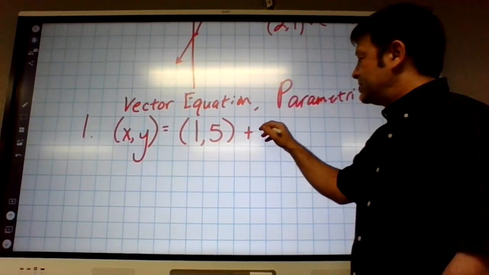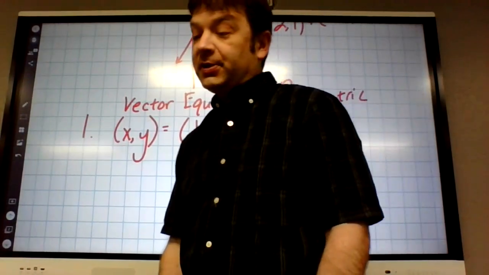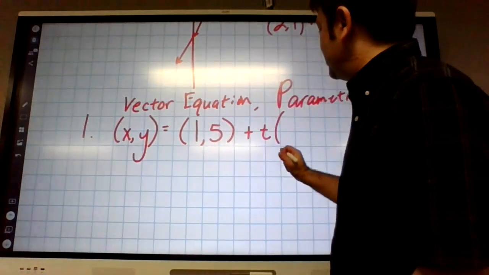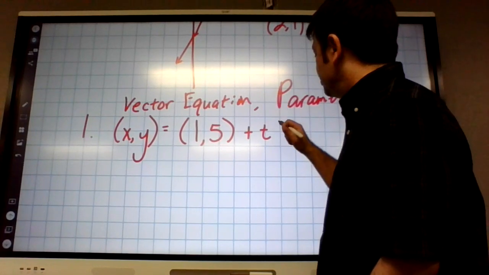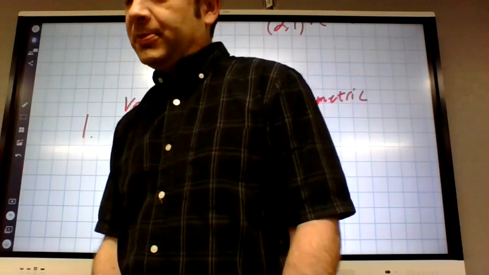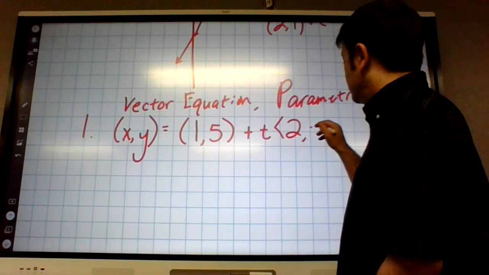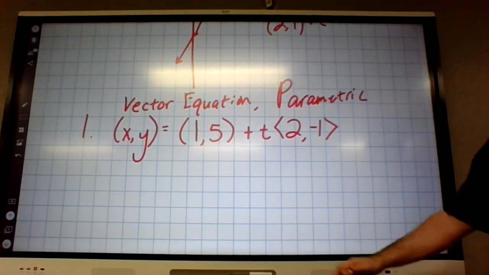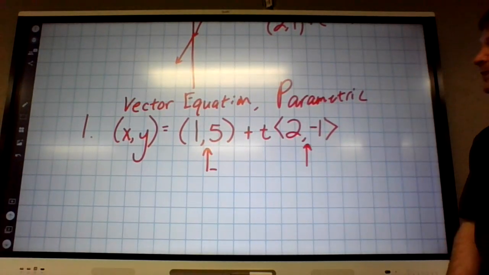Then you put plus t, and then we need the vector that moves it. This book uses parentheses. Maybe I should use vector notation. I'm not going to grade on it, but it says the direction vector is 2, -1. So the starting point, and then the vector that moves it. That's called the vector equation.